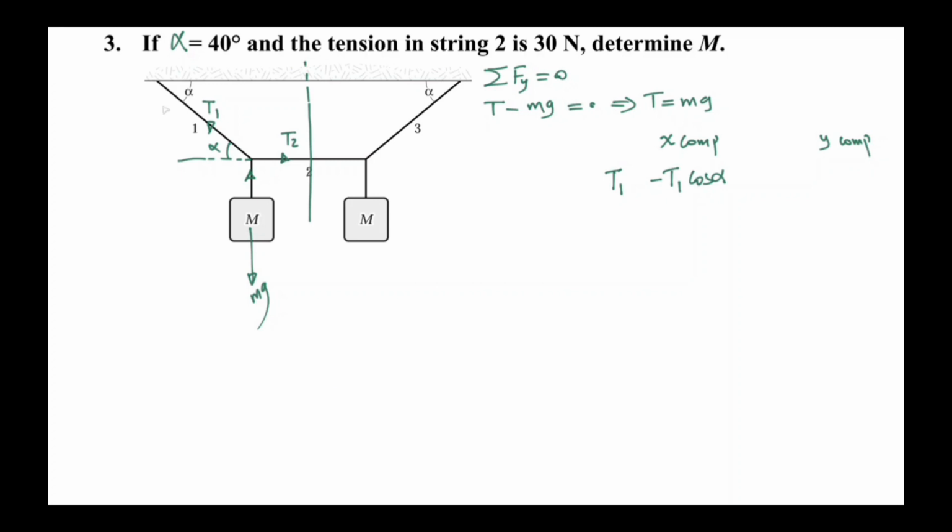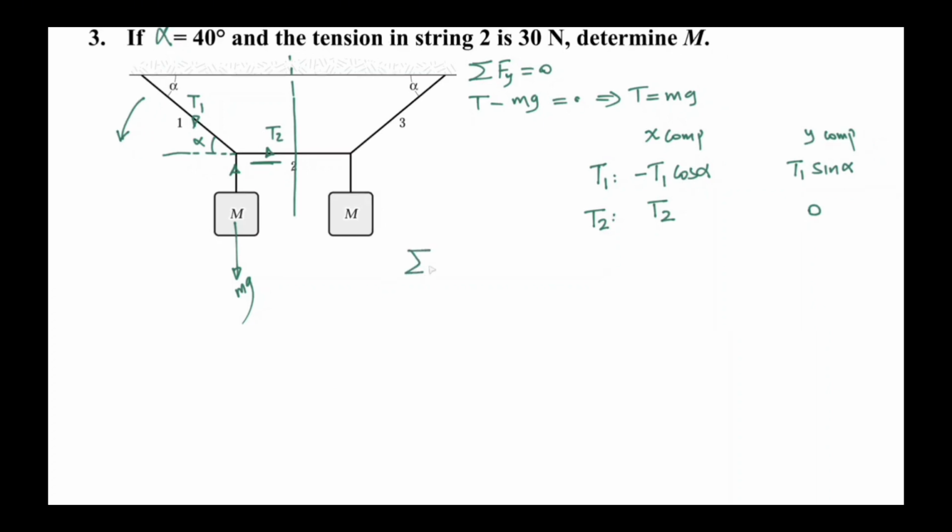So the x component is T1 cosine alpha, and the y component is T1 sine alpha. Now for T2, there's only an x component, just T2, no y component whatsoever.